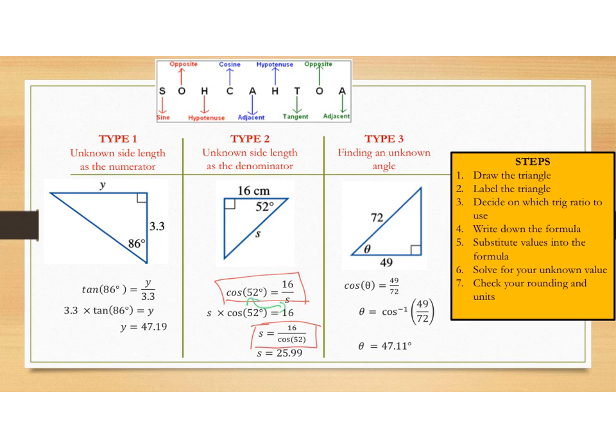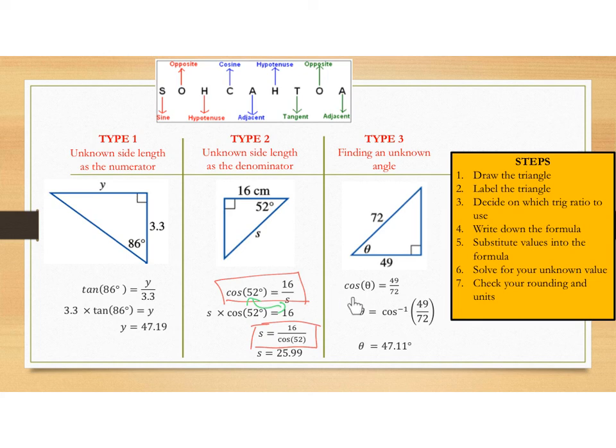And the third type is where we have to use our inverse trigonometric ratios. So that means that little button on our calculator. It also means doing that for each ratio. So if you needed to use sine, you would then have inverse sine here.